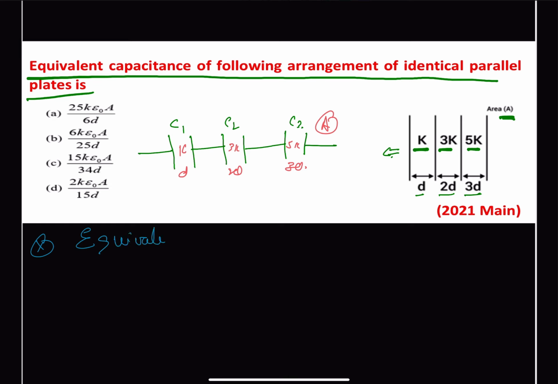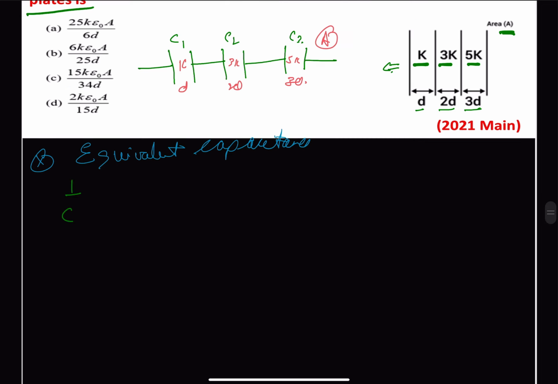Equivalent capacitance: we can write the formula 1 upon C equivalent is equal to 1 upon C1 plus 1 upon C2 plus 1 upon C3.